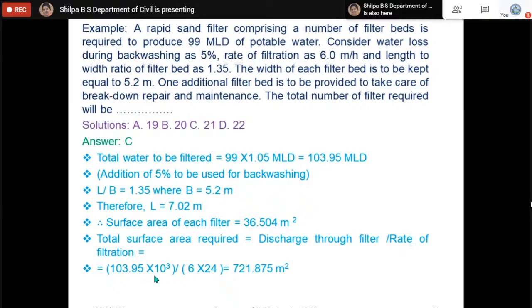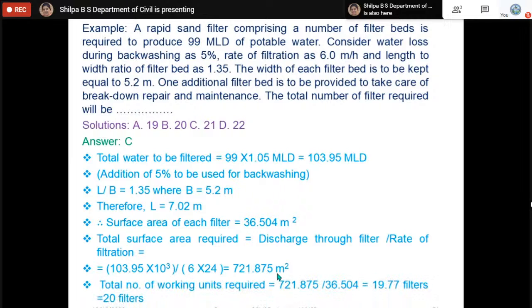That is 103.95 into 10 cube by 6 by 24. So we will get the area as 721.875 meters square. To calculate the total number of working units, the total surface area is divided by the surface area of each filter.